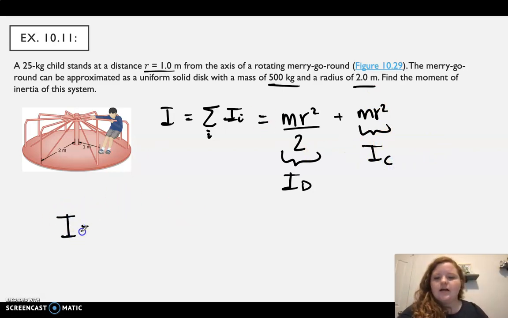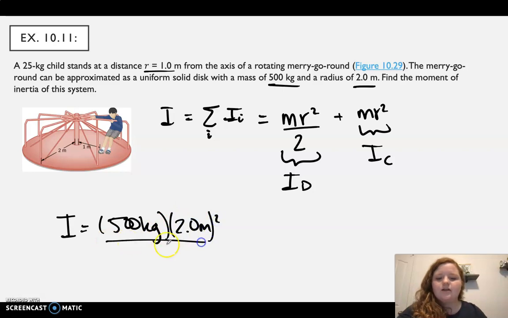So our total I is going to be the mass of the merry-go-round, 500 kilograms, times its radius, 2 meters, squared, over 2, plus the mass of the child, 25 kilograms, times the radius, which is 1 meter.